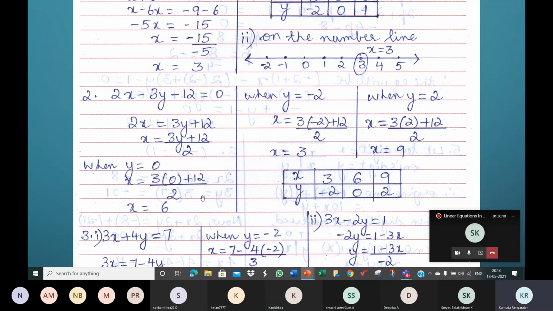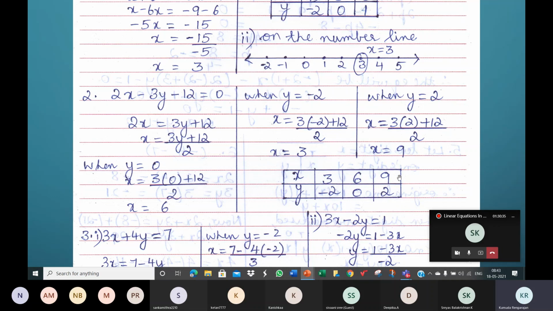So like this, when y is 0, y is minus 2 and y is 2, we found the different values of x. Write the values in the table carefully. When x is 6, y is 0. So write x 6, y 0. x is 3, y minus 2. x 9, y 2.